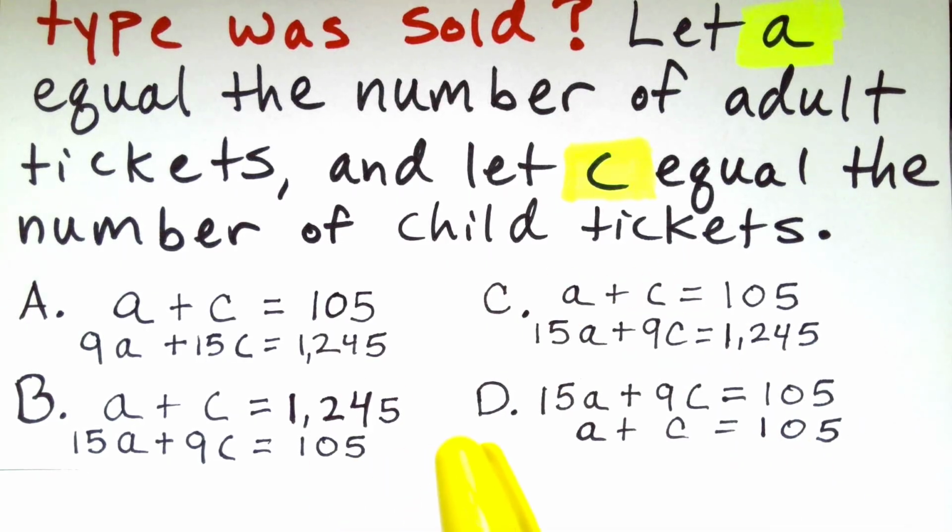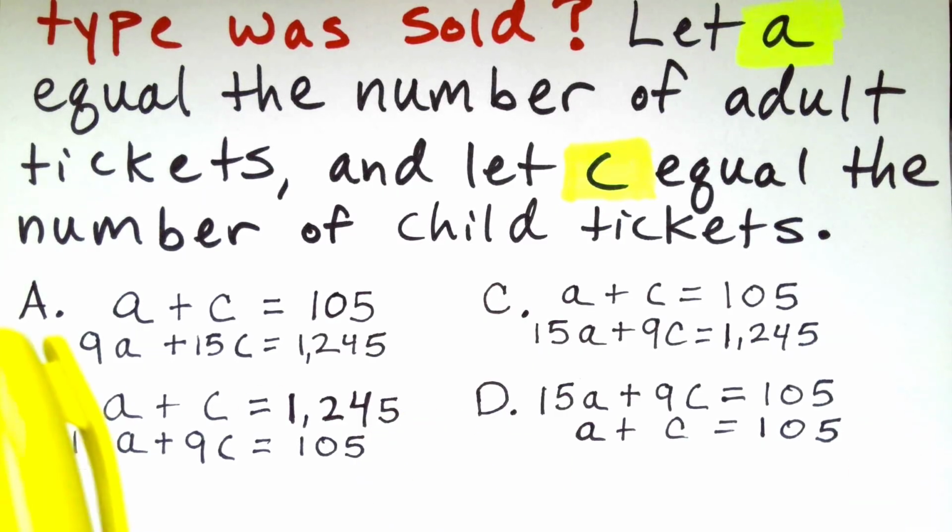As a test-taking strategy, right away I can look at B and go, A plus C, adult tickets plus children tickets, equals 1,245. No, that's the total amount of money that was made. But when you add adult tickets plus children tickets, we're looking for how many tickets were sold, and that was 105. So A looks pretty good, C looks pretty good, D looks pretty good.